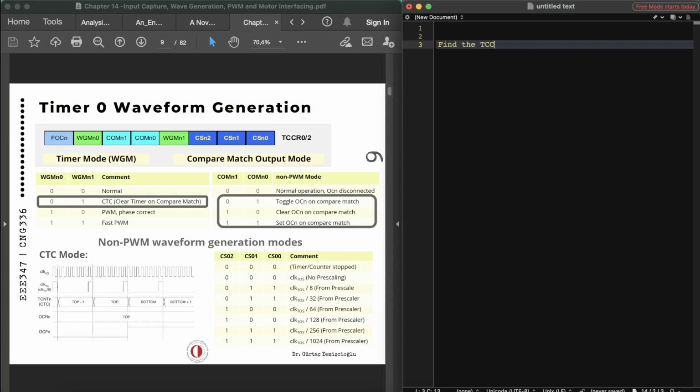Find the TCCR0 register value to: A, set high the OC0 pin upon match, use external clock, falling edge, and normal mode.